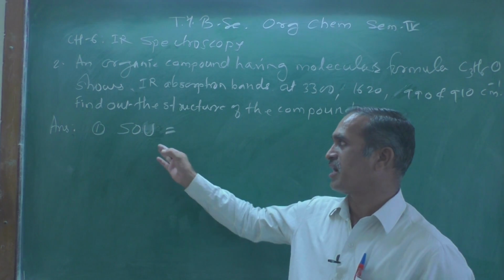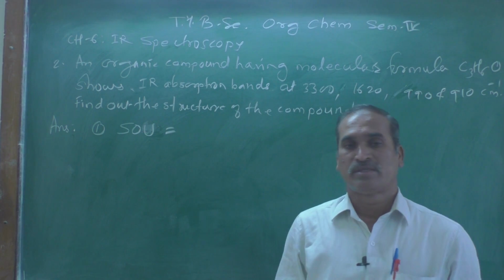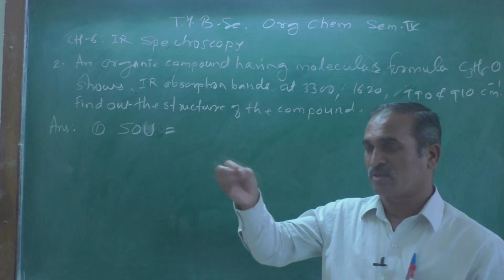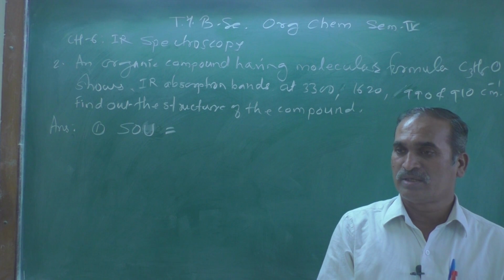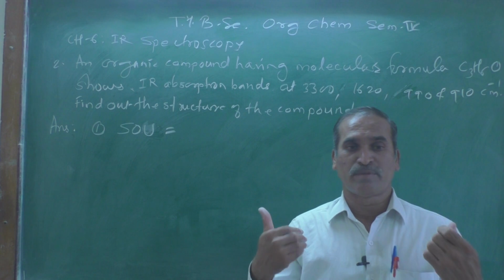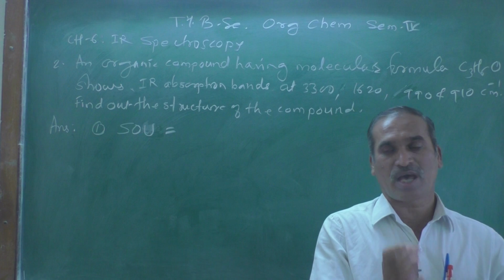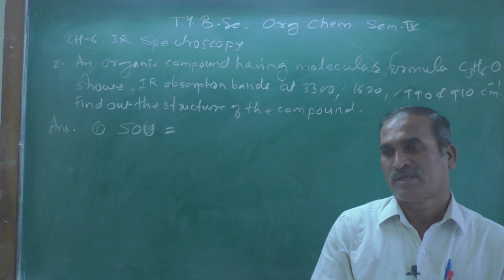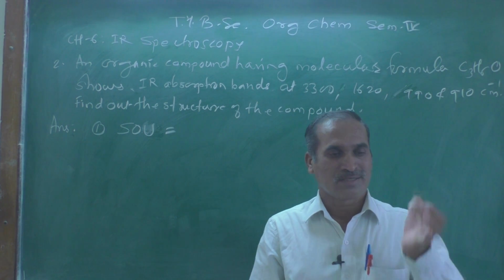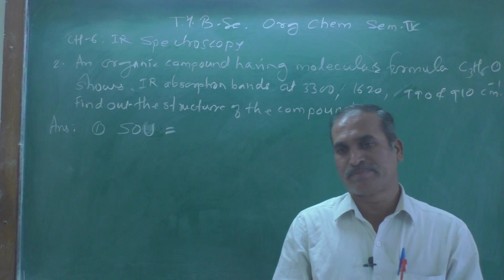By using these two methods, we can easily find out the site of unsaturation present in the given organic compound. Let's begin. Even though it looks like a very simple molecular formula, in the beginning we have seen that a number of possible isomers are present, and we have to find out the exact structure of the given organic compound.